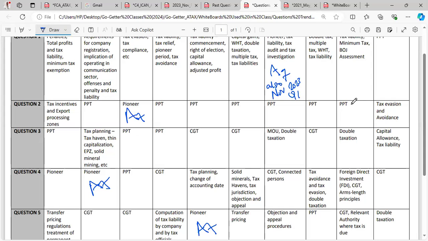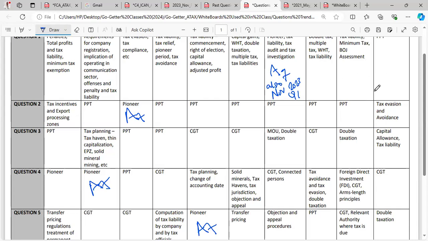Your capital allowances, you will not claim capital allowances during the pioneer period. If they are incurred during the pioneer period, you see them as being incurred on the first day of the new business. These are some of the exceptions, and all you just need to do is to either do your commencement rule, which is most times they are going to be giving you, or in some cases, they will give you question on cessation.